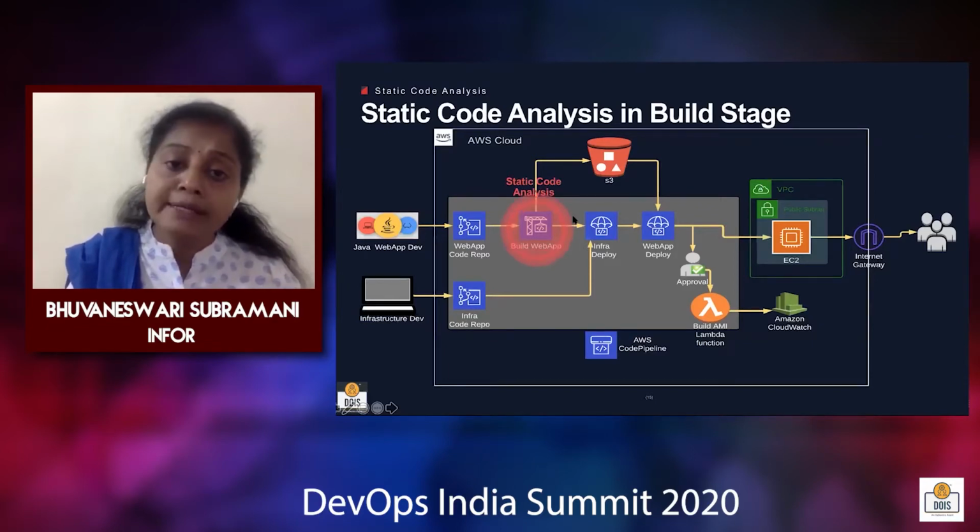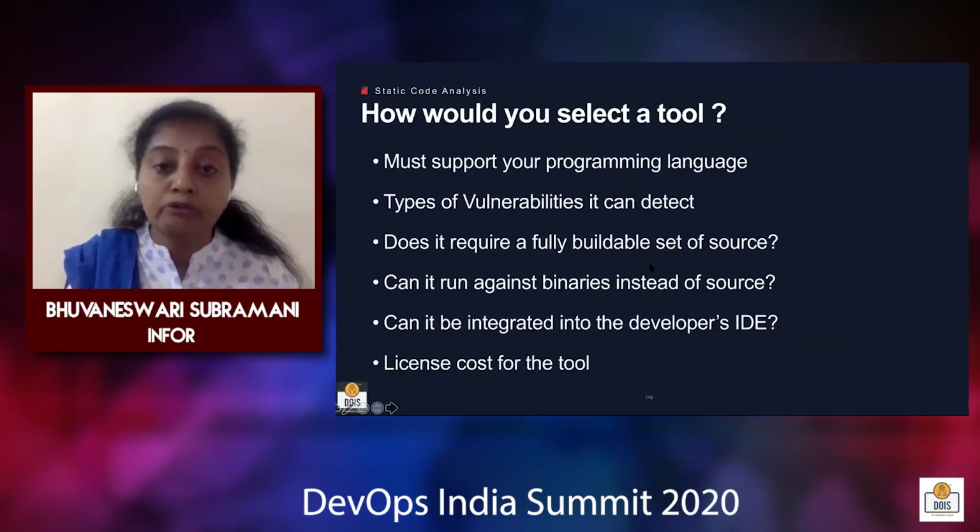So how do I decide what is the right tool for my implementation? It must support, of course, the programming language that you're using, and what types of vulnerabilities does it detect? It should meet your end goal. Does it require a fully buildable set of source? Is it going to deal with the entire source or a part of it?